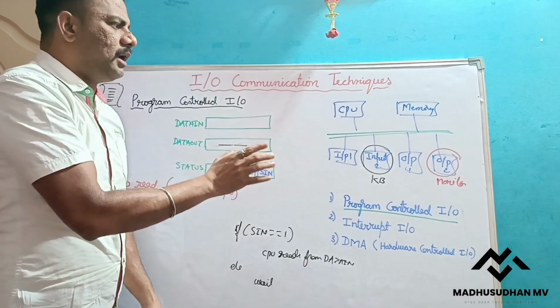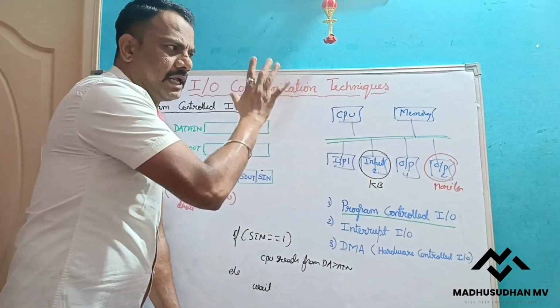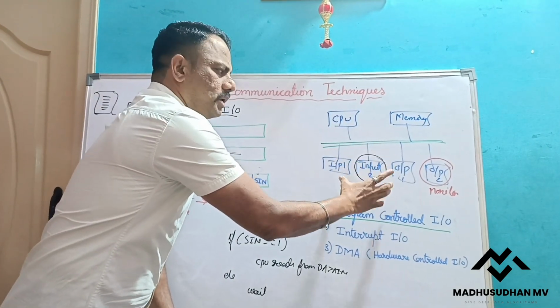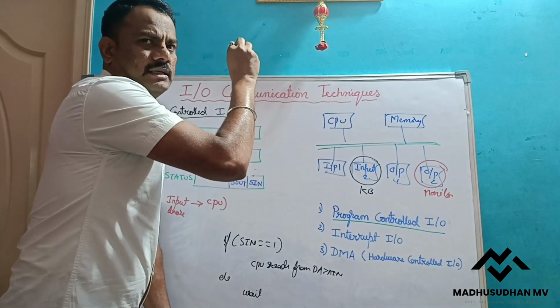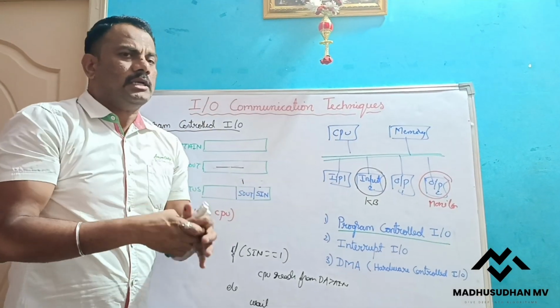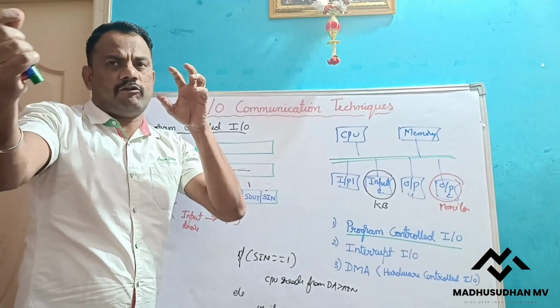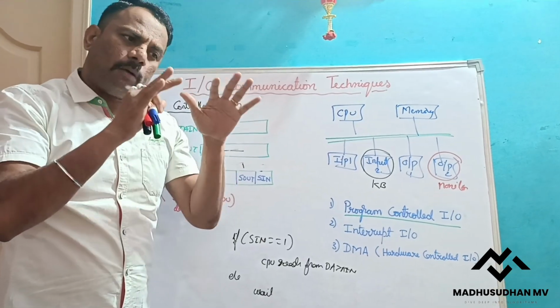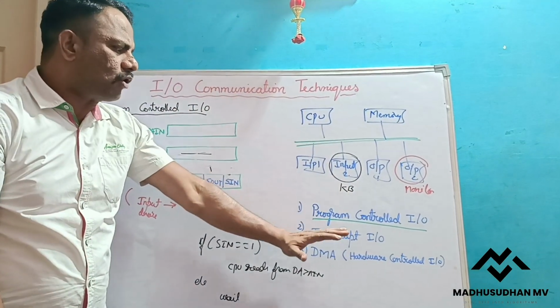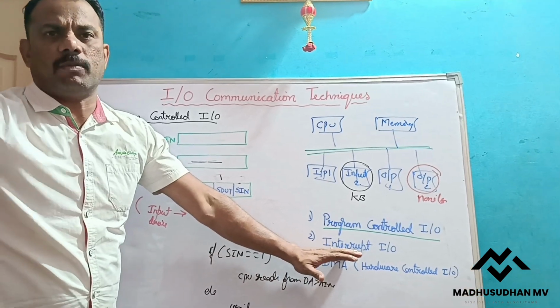In the same way, we need an arrangement such that IO devices signal the processor that they are ready for data transfer. Once the CPU gets a signal from the IO device, it stops executing the current task and takes up the call. This is the concept behind interrupt IO.